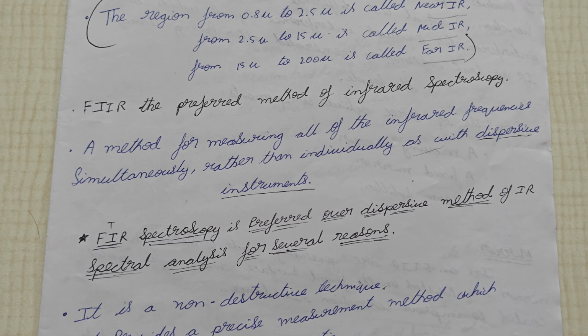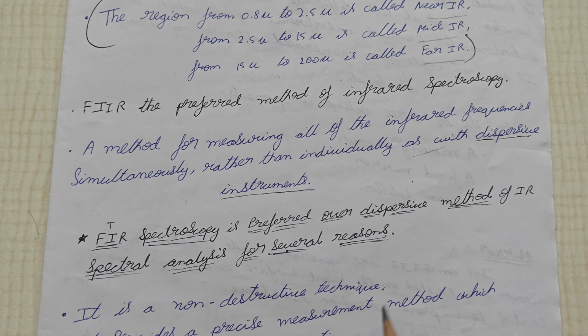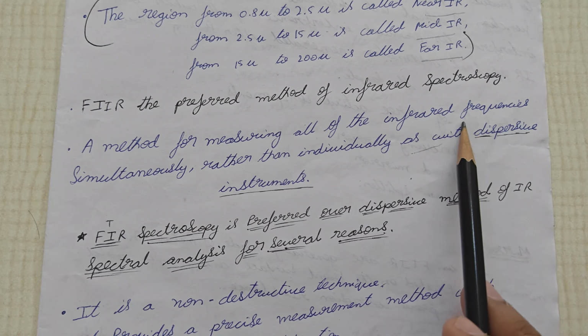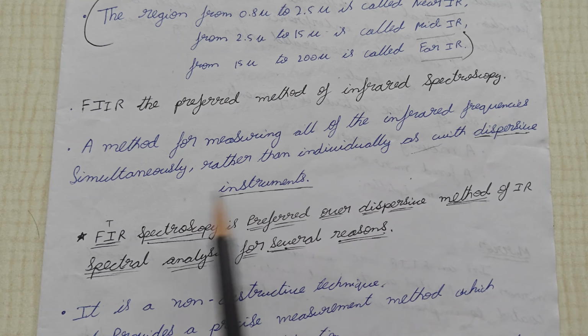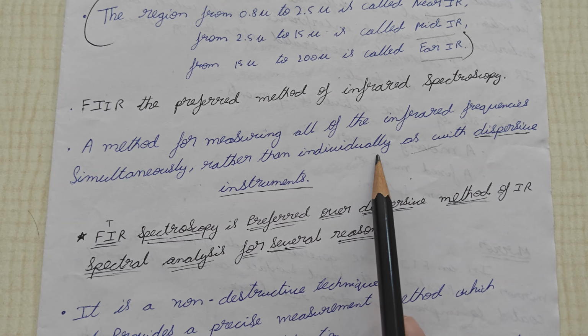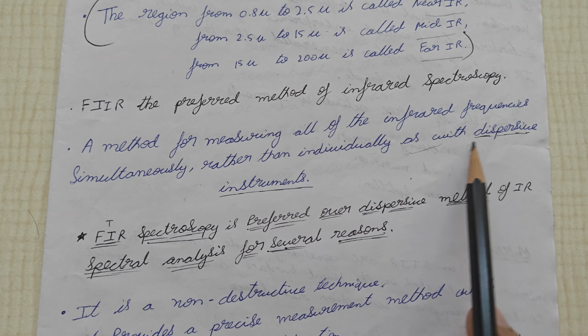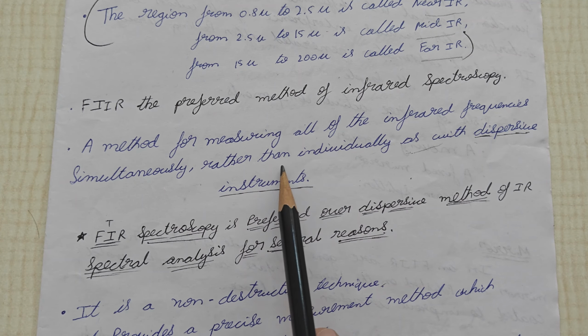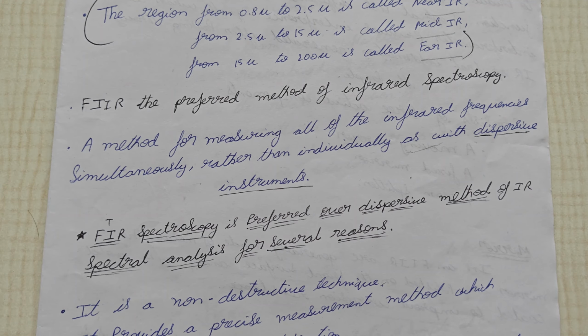I have already told you in the previous instrumentation, in the double beam instrumentation, we use a thing called an interferometer, where we record all the infrared frequencies simultaneously rather than individually as with dispersive instruments.